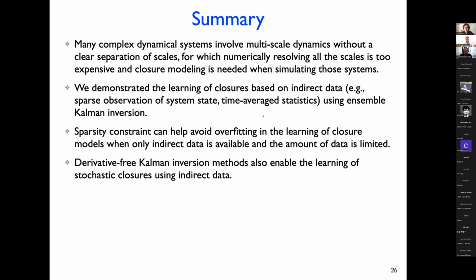We also show that sparsity constraint can help avoid overfitting in the learning of closure models when only indirect data is available and the amount of data is limited. And also, we show that derivative-free Kalman inversion methods enable learning of stochastic closures using indirect data.